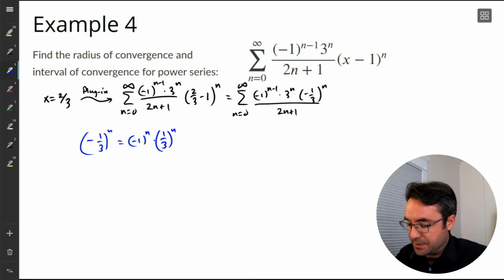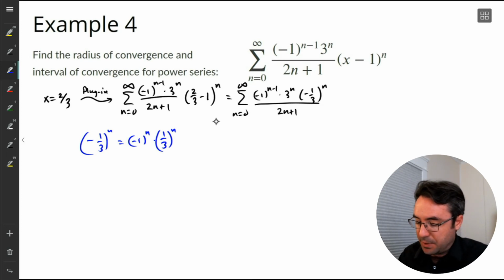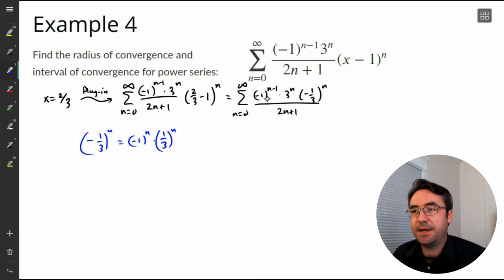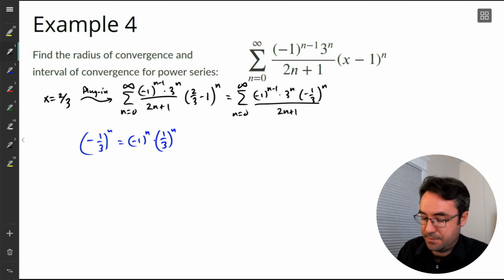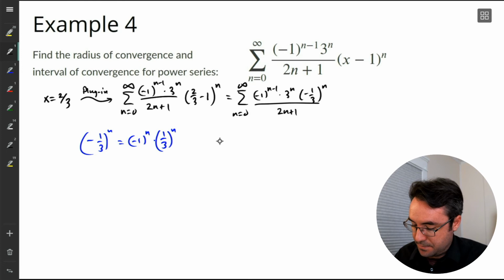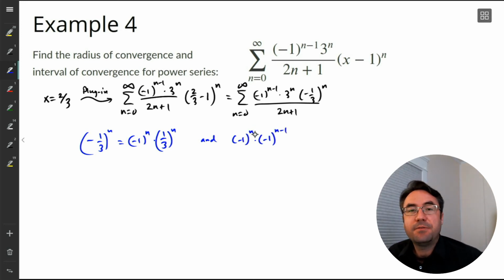And so what happens when we multiply -1 raised to the n and -1 raised to the n minus 1? Well, if n is even, this is going to be +1, but this is going to be -1.